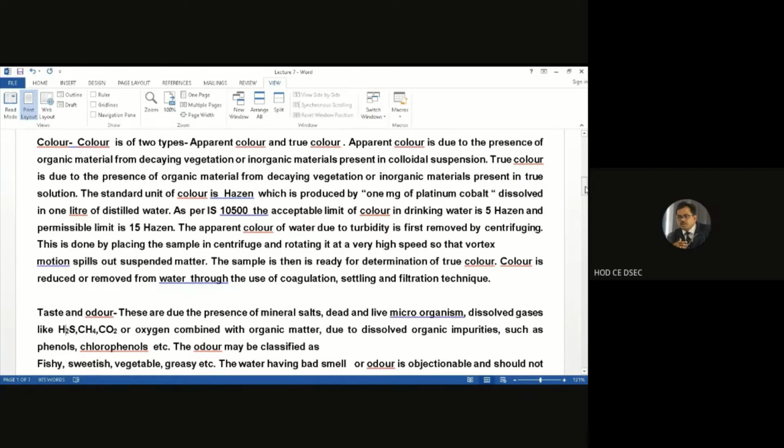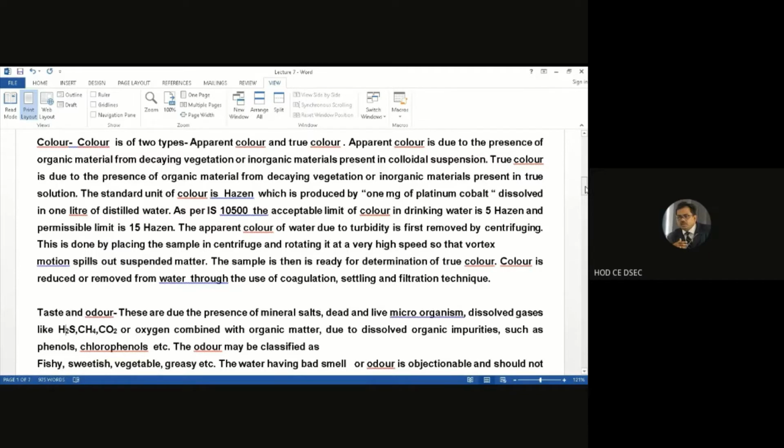If there is only one source of water and we don't have any other alternative, then we may have the permissible limit of 15 Hazen. But if it is beyond that, you have to reject the water even if you have a single source. This is the difference between the acceptable limit and the permissible limit as stipulated in the two columns in IS 10500. So for drinking water, the acceptable limit of the color is 5 Hazen and the permissible limit is 15 Hazen.